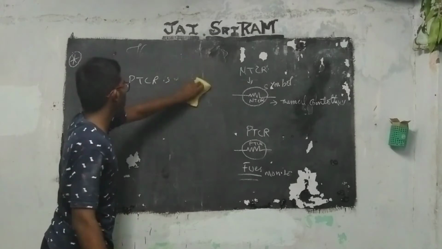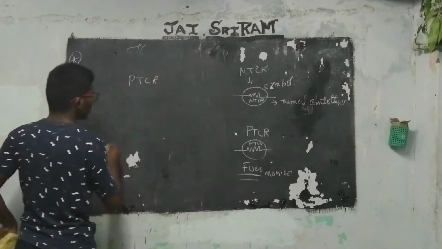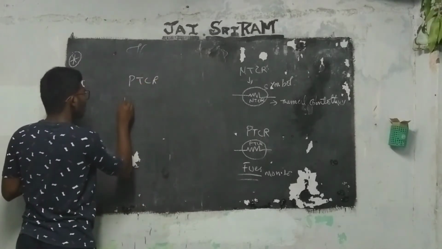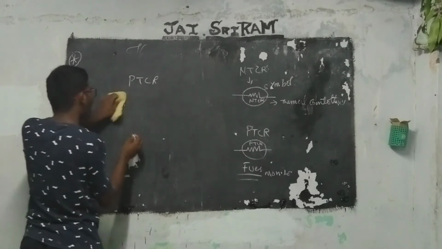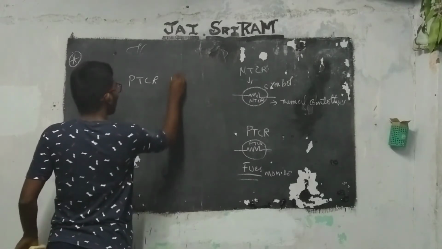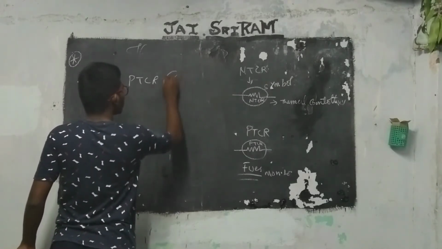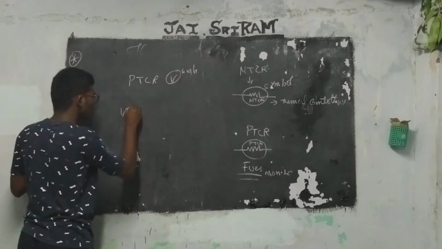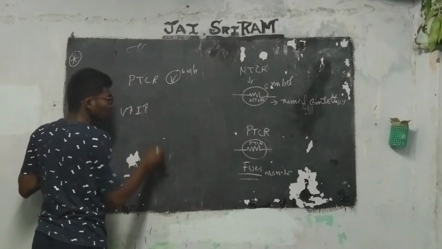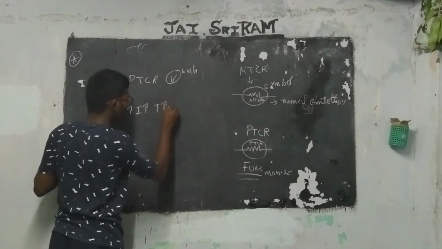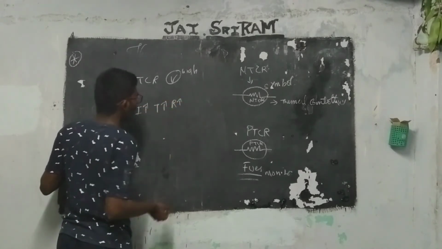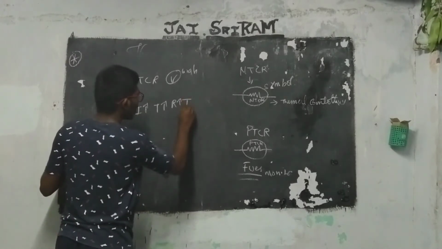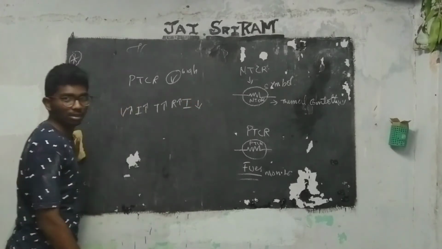If temperature increases, we have high voltage. High voltage means high current. High current means high temperature and high resistance. Then if resistance is high, current will decrease automatically.